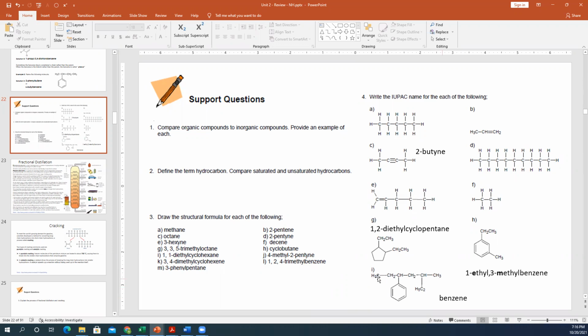But another way we could name it is we could have 1, 2, 3, 4, 5, 6, or 1, 2, 3, 4, 5, 6, 7. And we can name our longest parent hydrocarbon chain, and then we can treat these as the groups that are added on.